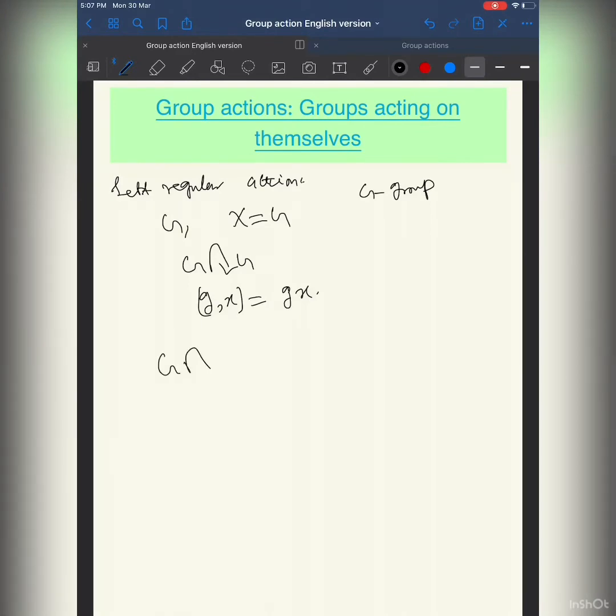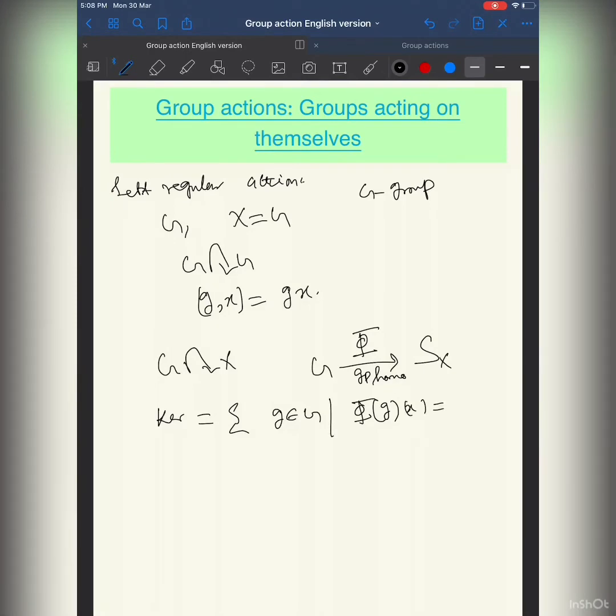I said that giving a group action on a set is the same as giving a permutation representation into S_X. So I wanted to calculate the kernel of the homomorphism, which is the same as the kernel of the action. The kernel of the action is the set of all g belonging to G such that, since I gave an action, I get a group homomorphism from G to S_X. So g maps to the identity on X, and X is also G in our case.